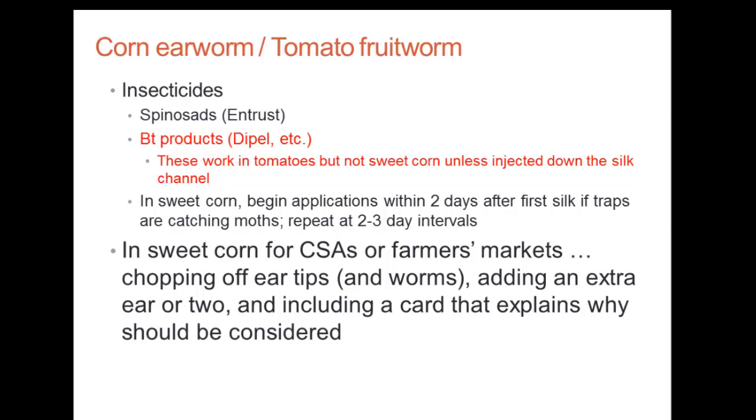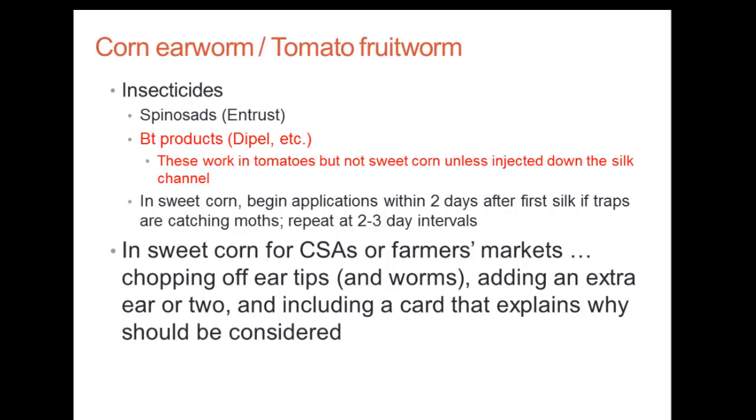So you can put BT on the outside of the silks by spraying it. The egg hatches, it crawls down the silk channel, it starts to eat, and it hasn't ingested any of the BT, so it doesn't work. In tomatoes, you are not only spraying the outside of the fruit where the insect starts to eat, but it also eats some on foliage. And so you manage to control it with BT much more effectively, whereas you can't really control it at all in sweet corn with BT.